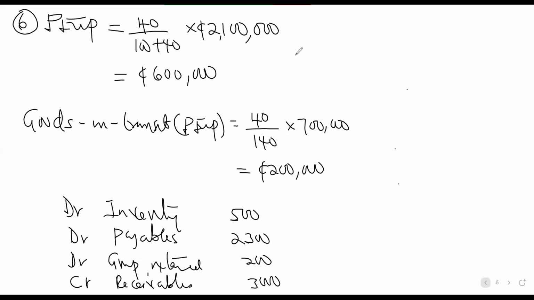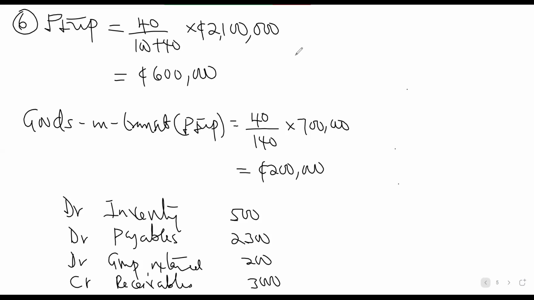But the corresponding payables is what? 2,300. Go and remove the 2,300. You can see that the receivables will now be 700 more than that. 500 will come in as an asset. The remaining 200 will be the unrealized profit.